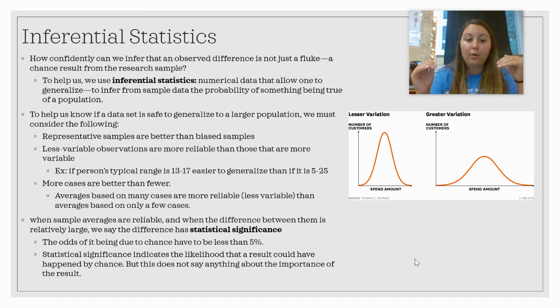And also, it has to be very unlikely that it's just due to chance. So psychologists have to be confident enough to say we're 95% sure or more that this difference between these two groups is not due to chance, but rather due to the effect itself.